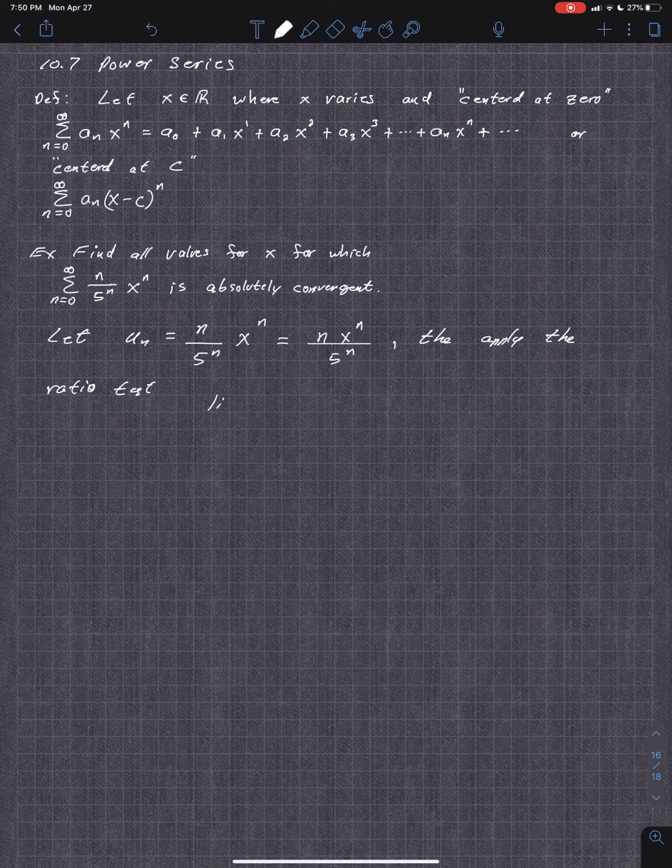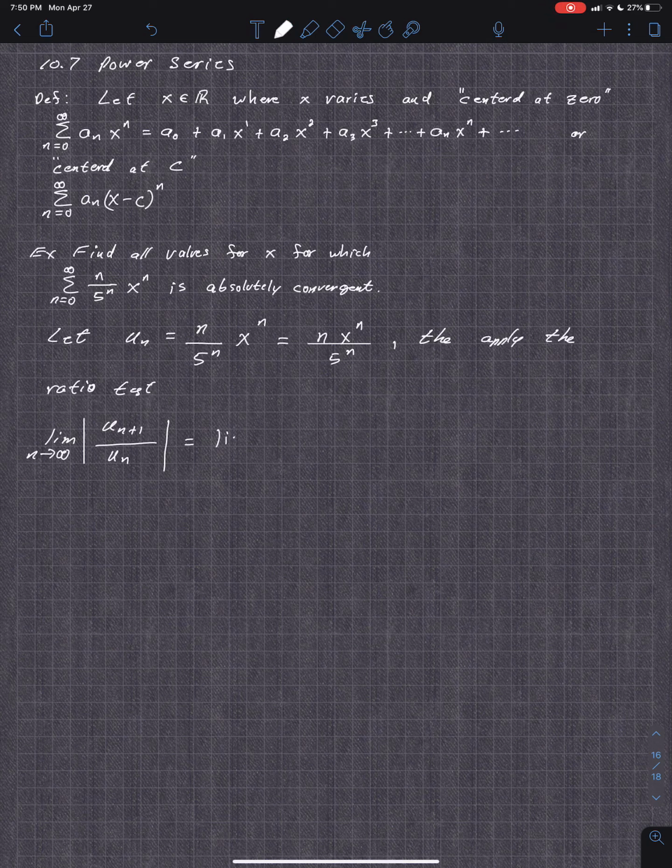And you look at the limit of the absolute value of u sub n plus 1 over u sub n as n approaches infinity. Okay, and I'm going to go ahead and move this so we have plenty of space over here. And so let's write that out.